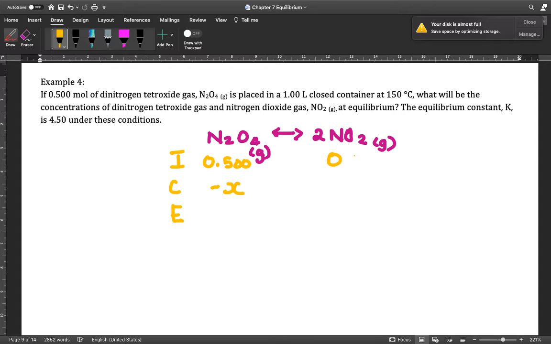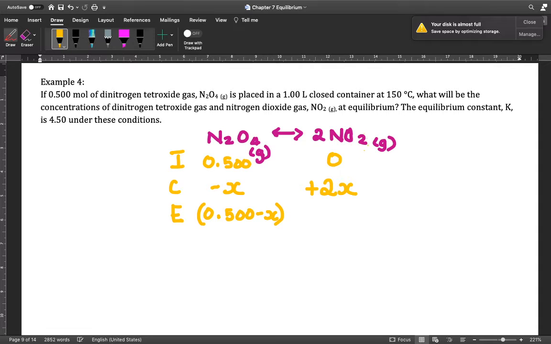Because we didn't have any nitrogen dioxide to begin with, we know that as it approaches equilibrium, it's going to gain concentration, so that's going to be positive. The coefficient is 2, so that's going to be plus 2x. So our expression for the concentration of N2O4 at equilibrium is going to be 0.500 minus x.